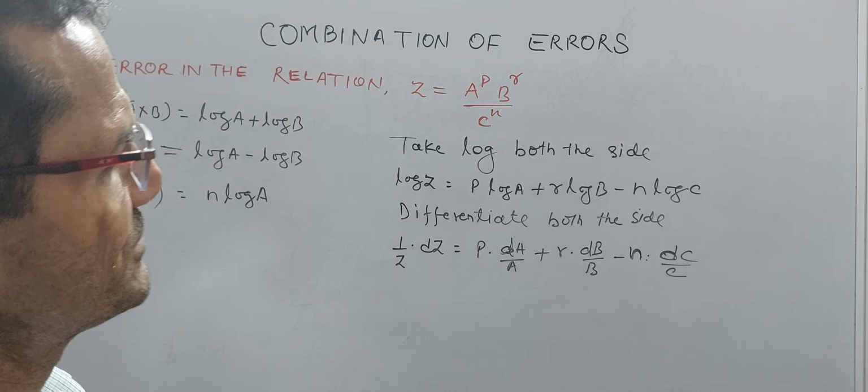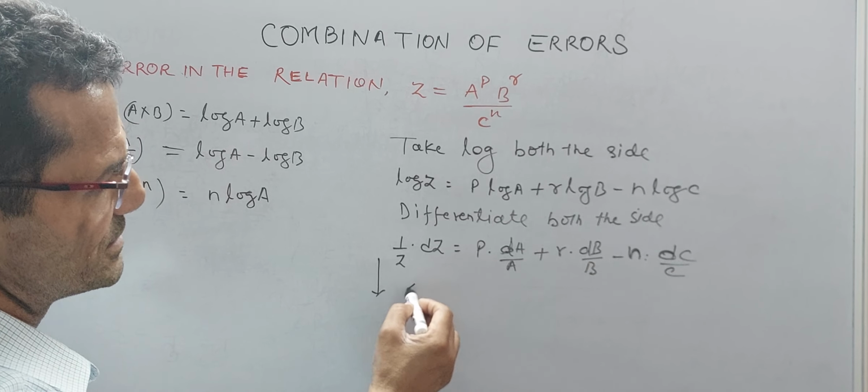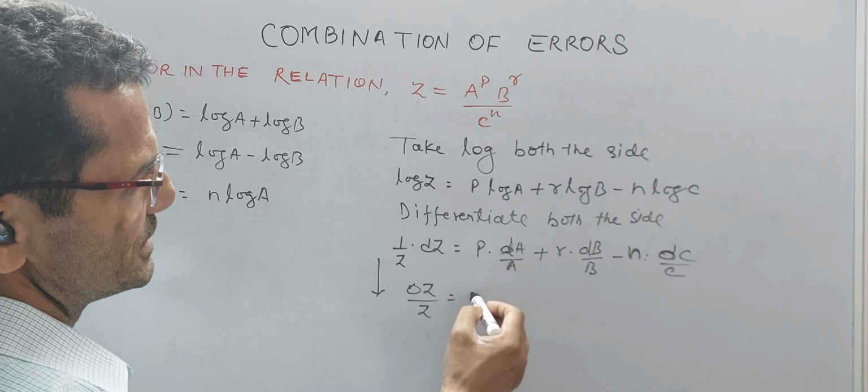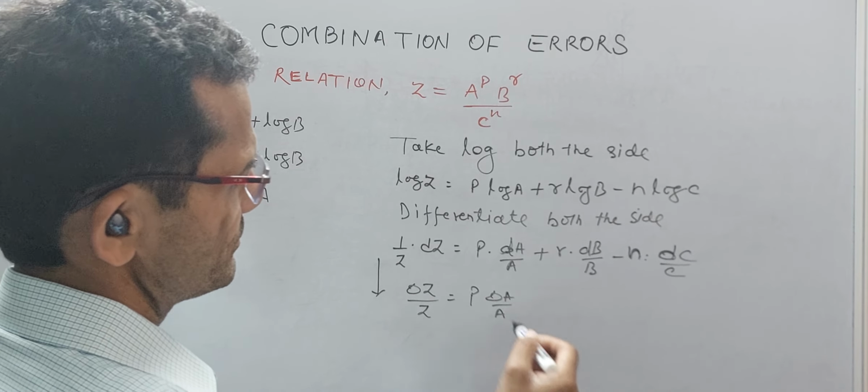So if I write this in terms of the fractional error, we can write: delta z, the absolute error in z, divided by z is equal to p times the absolute error in a over a.